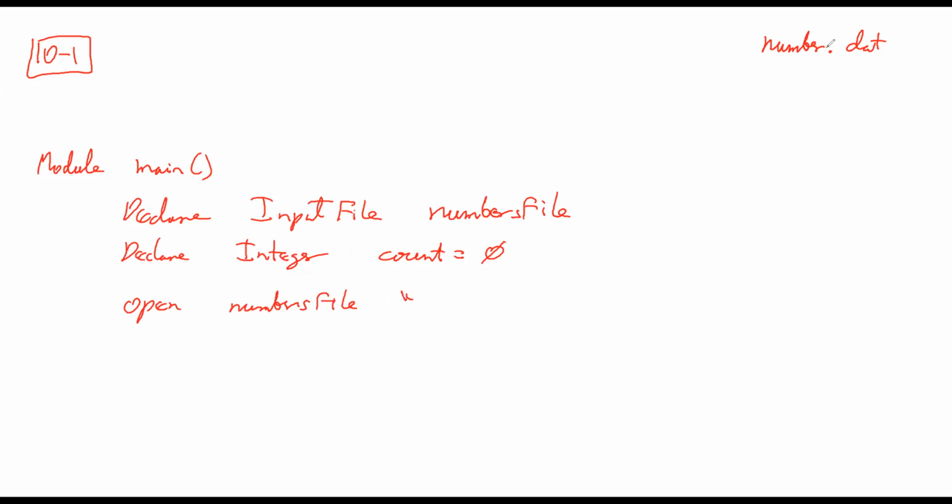So the name should be actually numbers.dat. Remember that it has to be in double quotes because it's a string literal. Otherwise, the program would think it's a variable, and if it's got a dot in there, it's going to think it's an object calling a method or an attribute, and that's not correct.